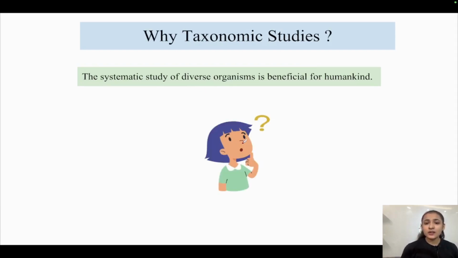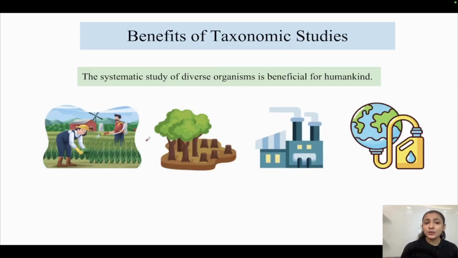Now you must be wondering, how is it beneficial for humankind? The systematic study of diverse organisms is beneficial for humans because it helps them gain knowledge about the organisms that are useful in agriculture. In agriculture, plants are involved.